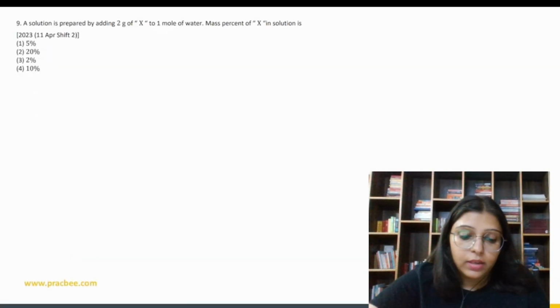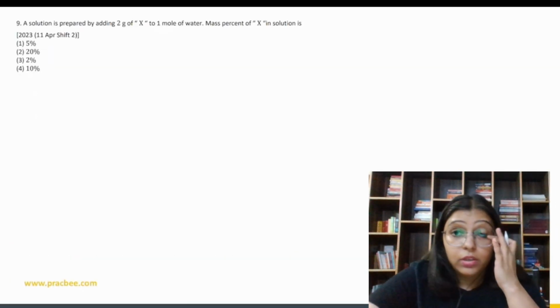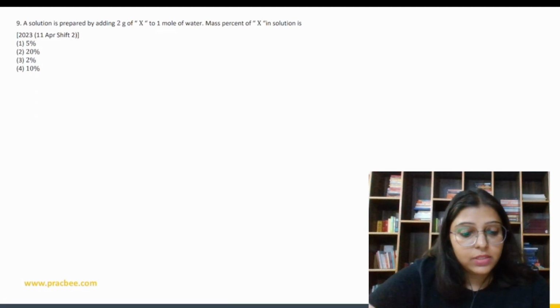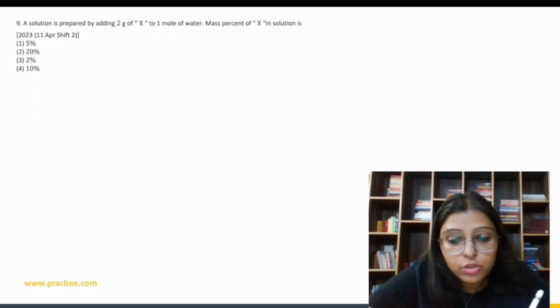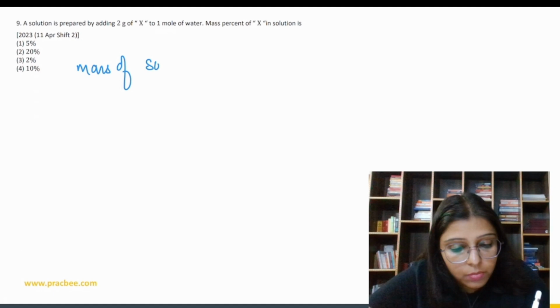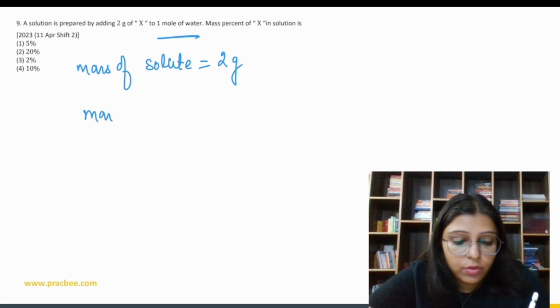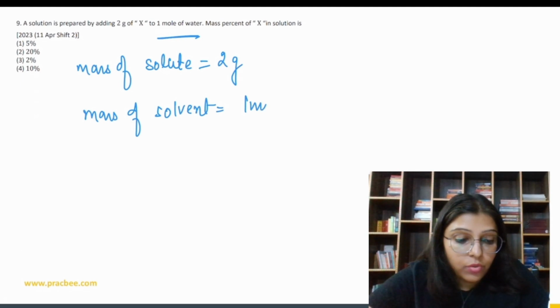Okay, let's do next question. A solution is made by adding 2 gram of X to 1 mole of water. Mass percent of X in solution is. Mass of solute is equal to 2 gram. In 1 mole of water, mass of solvent: 1 mole water mass is equal to 18 gram.